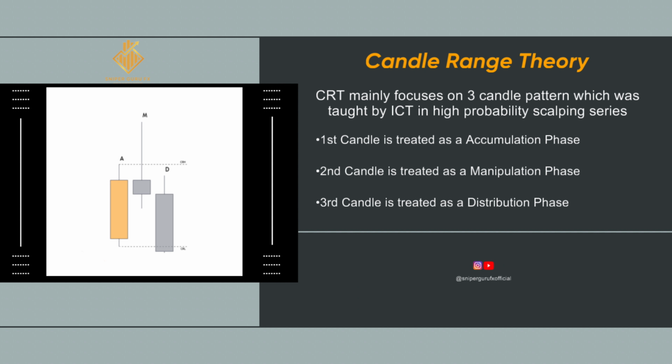The high has to be created at London time zone. Then the distribution will occur at either late London time or at New York Q zone.